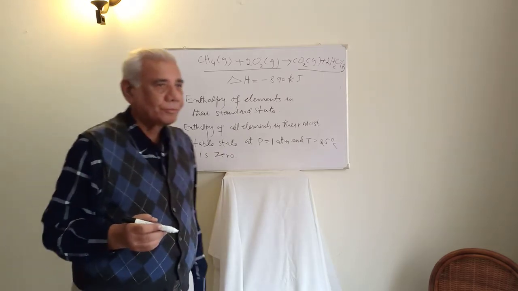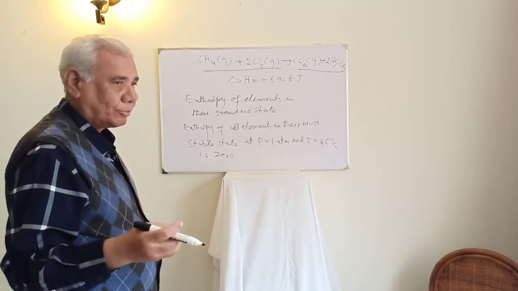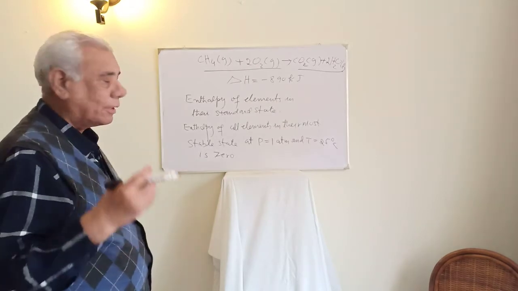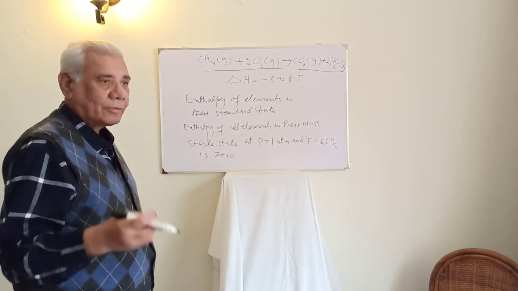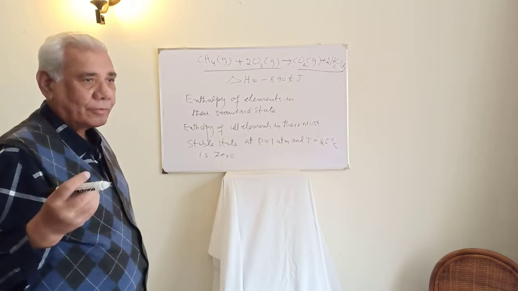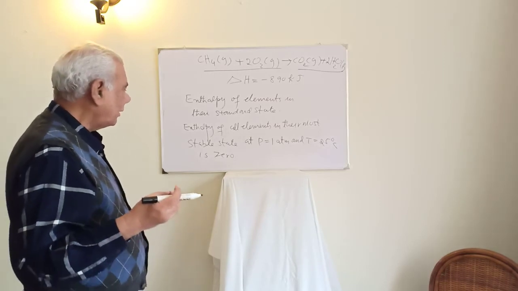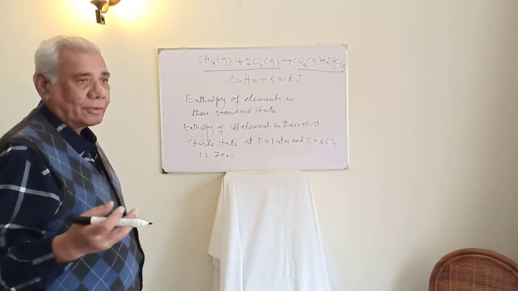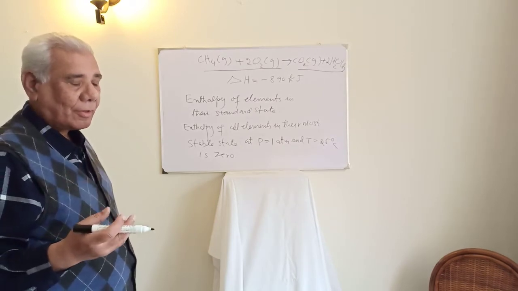For example, oxygen exists as O2. So the standard enthalpy of oxygen at 1 atmosphere pressure and 25 degrees centigrade is 0. Similarly, copper is an element which is in the solid form.